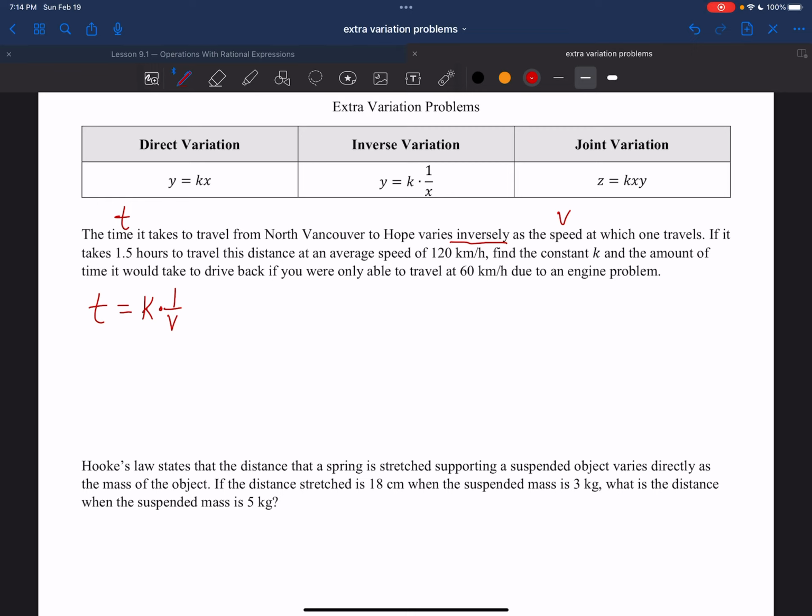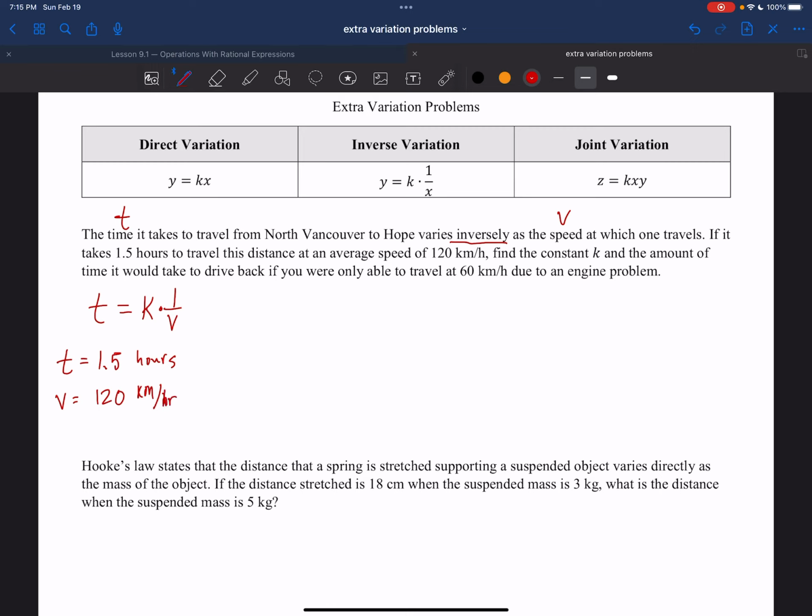So let's say, okay, it takes 1.5 hours, so that's t equals 1.5 hours. I'm not really going to write the h. And the speed, velocity, was 120 kilometers an hour. Okay, you know what? Maybe I will. I'm going to say hours, and I'll say kilometers per hour. Okay?